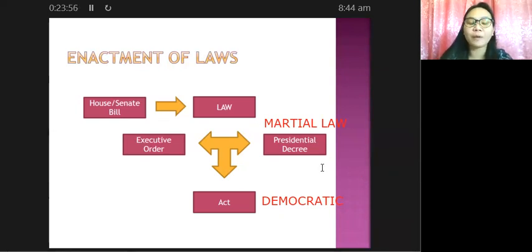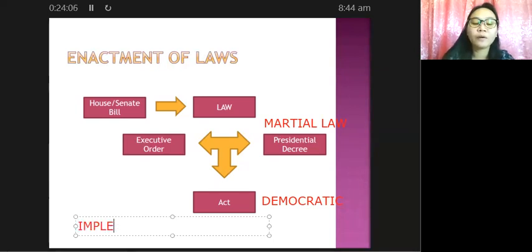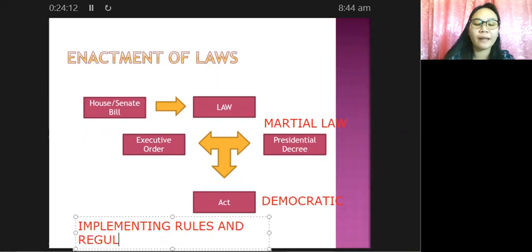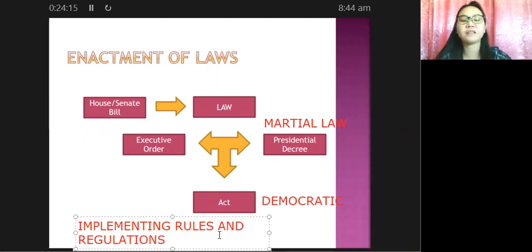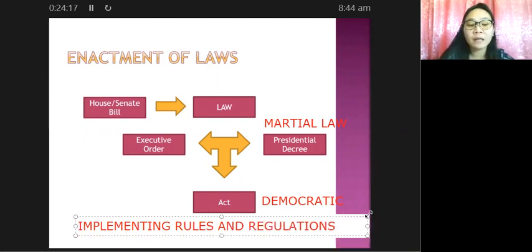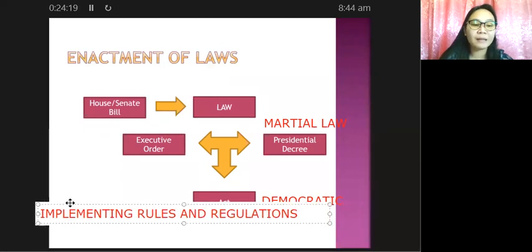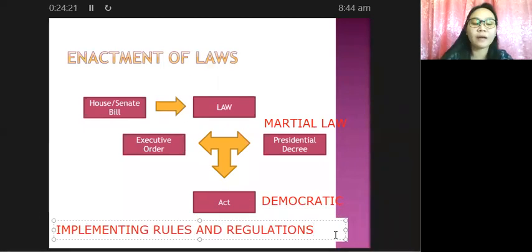So after a particular law has been published, there are instances when there is a need for the government to provide implementing rules and regulations, which are referred to as your IRR.